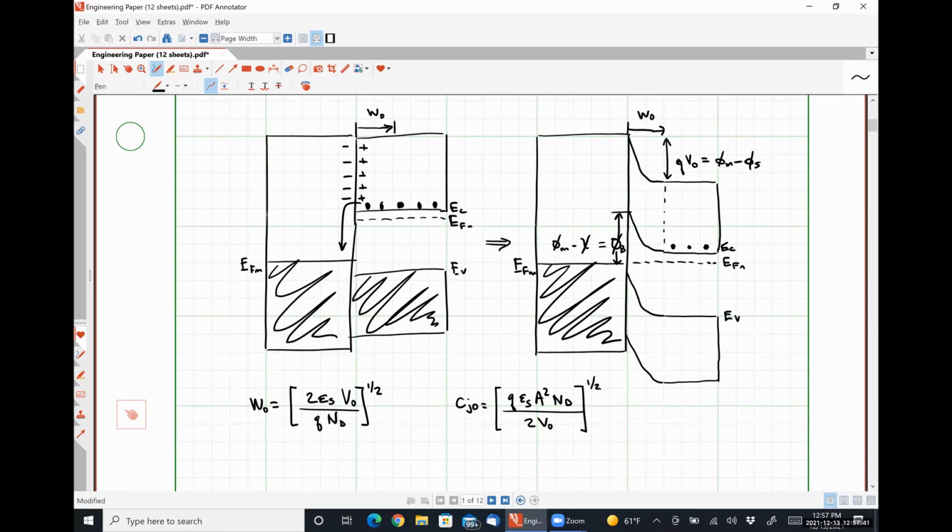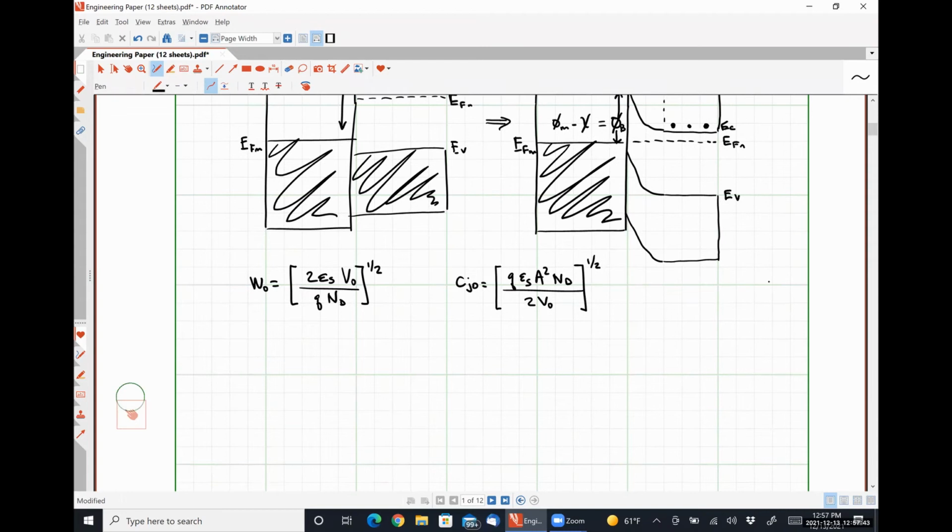So what we will observe then is that under bias, we will have a current density Jn, in this case, because it's only due to electron movement, of Q, which is the elementary charge, times v, which is the velocity of electrons.